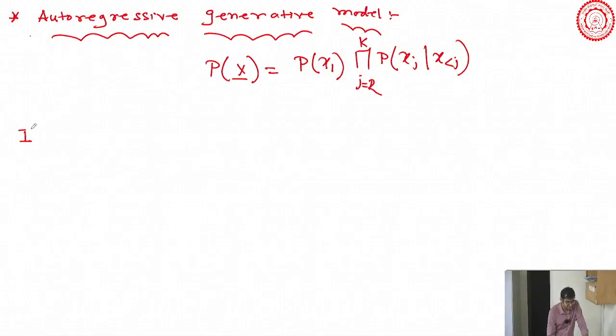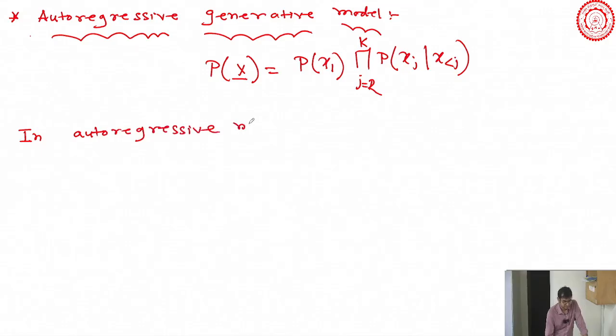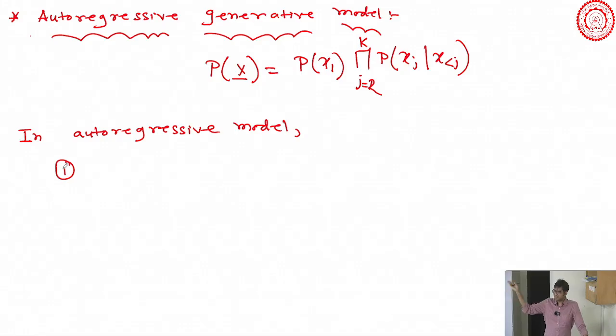In an autoregressive model, and I'm only talking about sampling right now, what we do is, what is step 1? Step 1 is to sample x1 from some Gaussian with some mean and some variance, because it's a single pixel, so not covariance, variance.